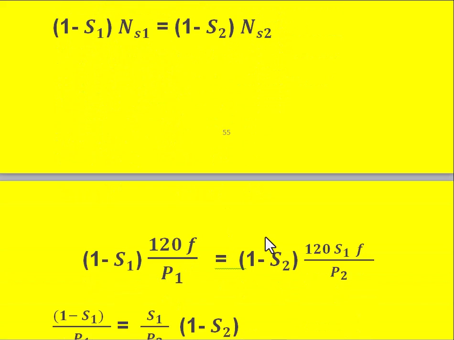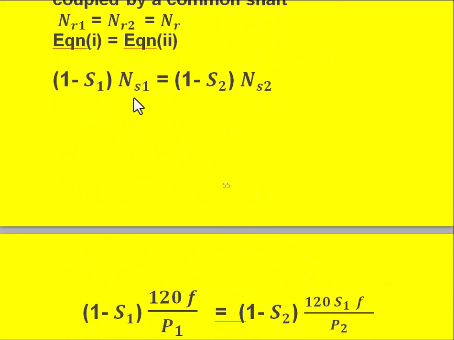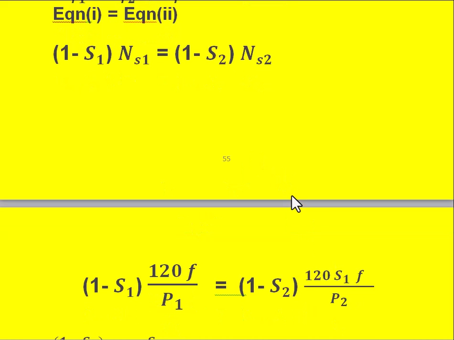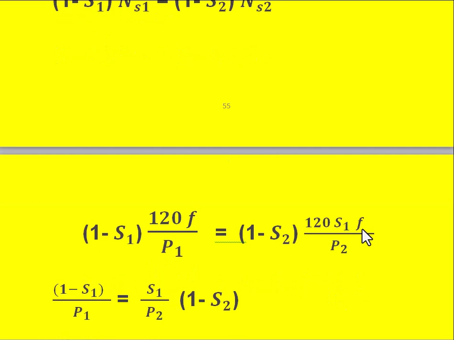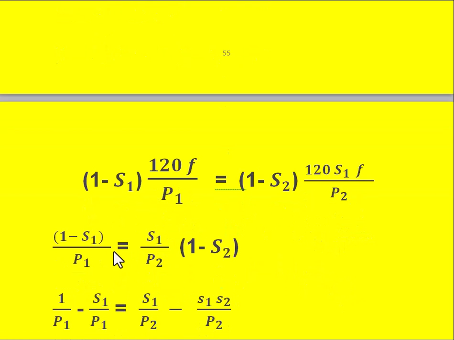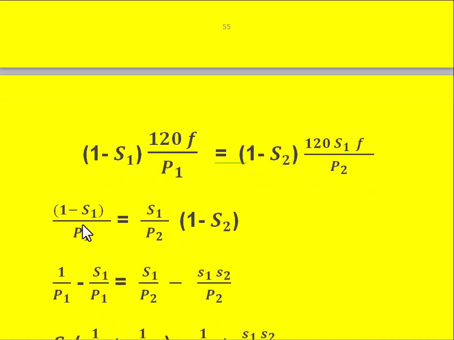From this, NS1 can be replaced with 120F by P1 and NS2 can be replaced with 120 S1F divided by P2. After further simplification, the 120F gets cancelled, and the equation becomes 1 minus S1 divided by P1 equals S1 by P2 into 1 minus S2.